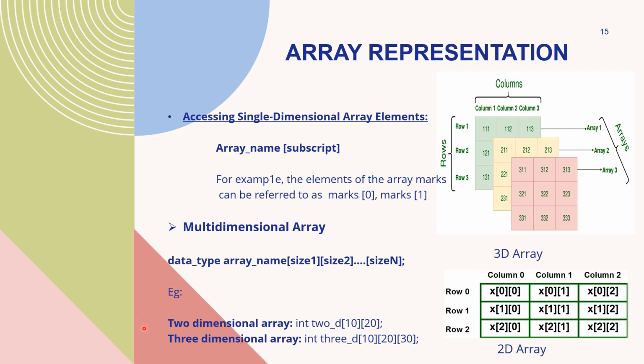In the slide, we are given the example of the two-dimensional and three-dimensional. Two-dimensional array has two subscripts, that is 10 and 20. Means we can say that this array can make a matrix of 10 by 20. And this is three-dimensional, having three subscripts, that is 10, 20, and 30. Means it creates 10 arrays with 20 by 30 matrix.